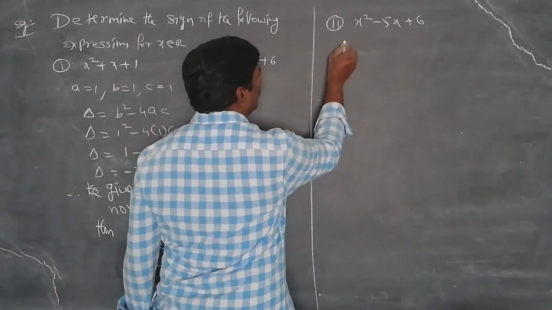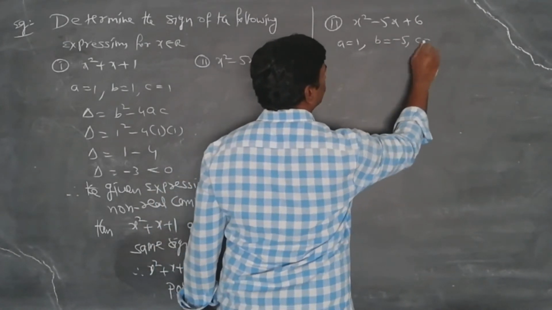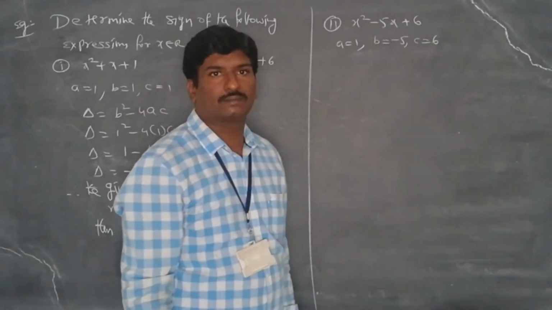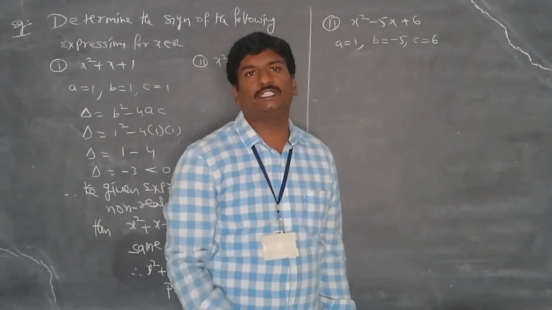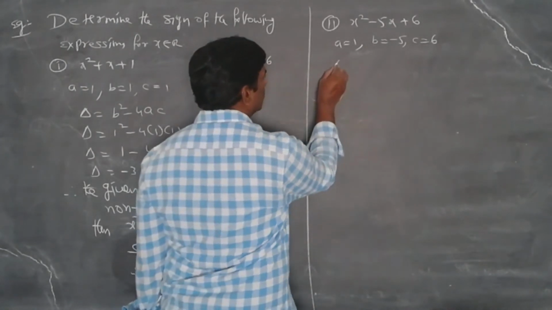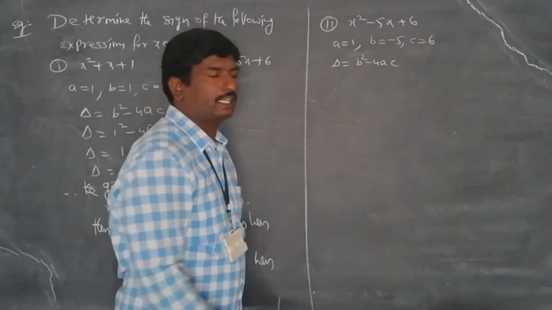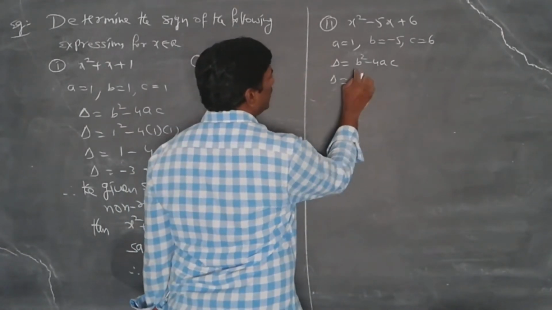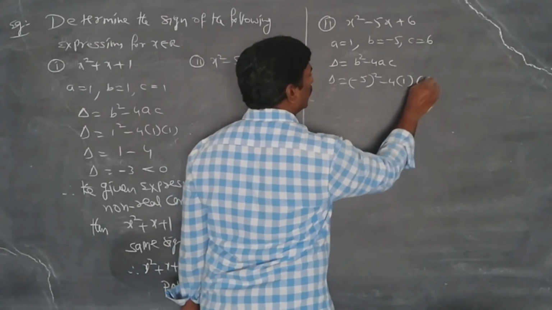So a is equal to 1, b is equal to minus 5, c is equal to 6. Delta is equal to b square minus 4ac.